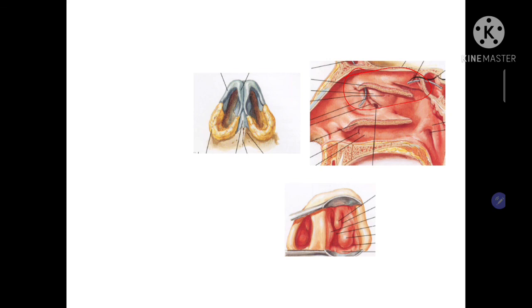So in this area we have the olfactory epithelium. It's a very specialized epithelial tissue. Usually it is no more than 3 centimeters long and 3 centimeters wide. The structures involved are the olfactory sensory neurons, the supporting cells, basal cells, and the brush cells.